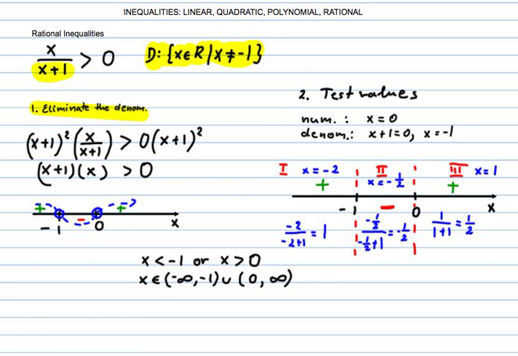The second very important step is to be aware of the following rule. If you choose to multiply an inequality, any type of inequality, by a number, you want to make sure that number is a non-zero value.